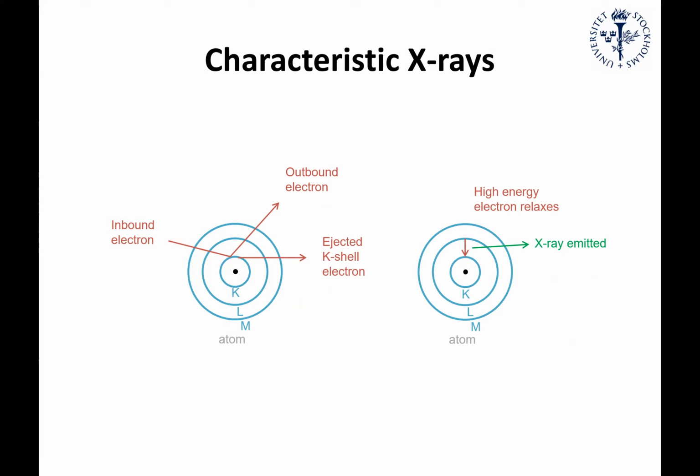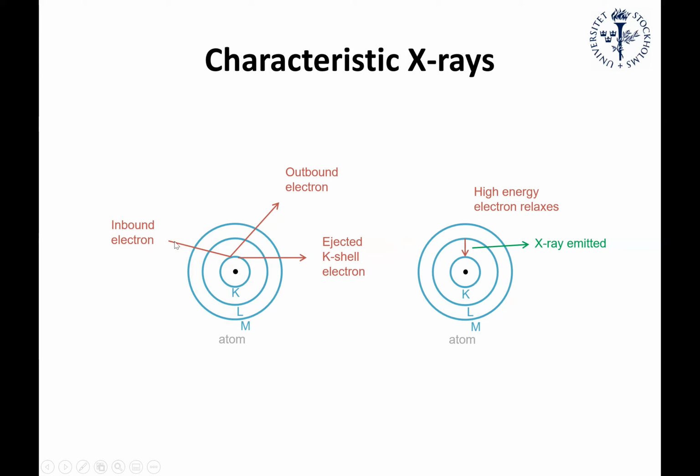From this electron beam, we have electrons coming in and they hit the atoms. They hit electrons of the atom. So this inbound electron might hit some inner shell, low energy electrons in that atom in the anode, and it will cause those low energy electrons to be emitted from the atom.